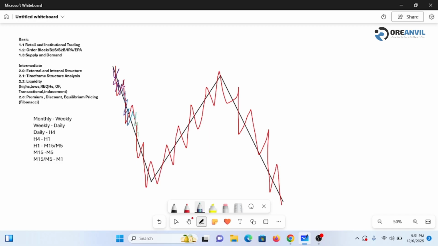So if this is a monthly, the black line, and the weekly is the red line, and it is internal to it, and the daily is the blue, which is internal to the weekly also.